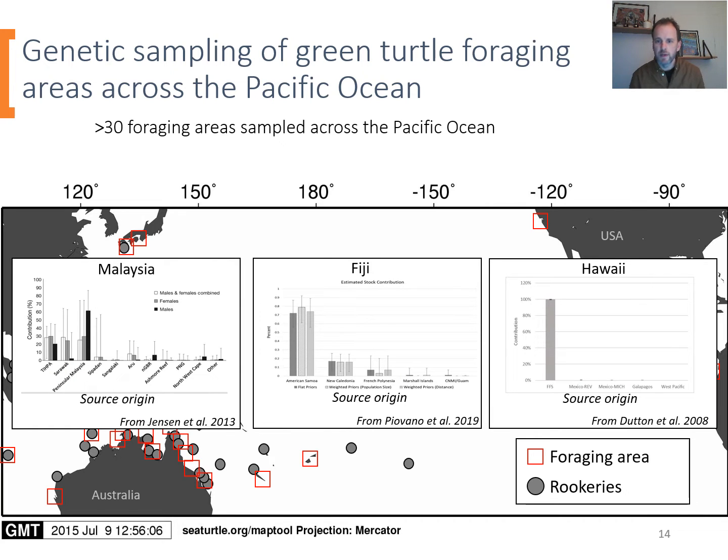Some foraging aggregations are composed mostly of turtles from the nearest stock, such as Hawaii, but it is much more common to see feeding grounds that include turtles from multiple regional rookeries, such as these ones from Malaysia and Fiji. So mixed stock analysis provides us with the knowledge about where turtles are coming from, which means that we can now include nesting beaches and foraging grounds into things like risk assessments.